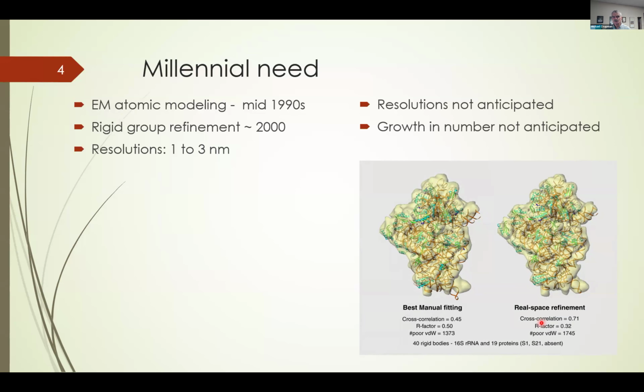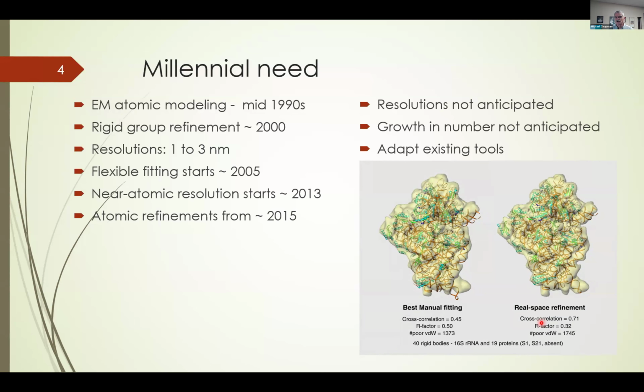And soon there was a demand for methods to fit these structures, first by rigid domain, and then in about 2005, people started working on flexible fitting methods, and that we started to see progress towards much higher resolutions in about 2013.